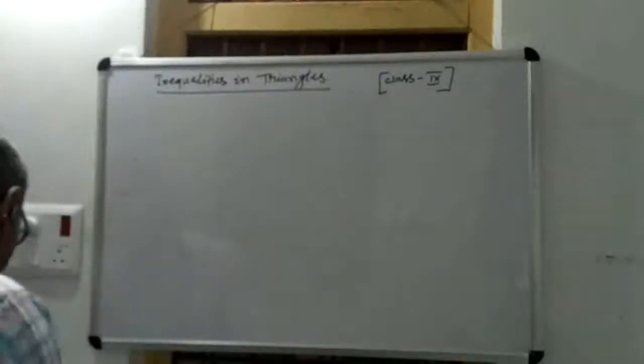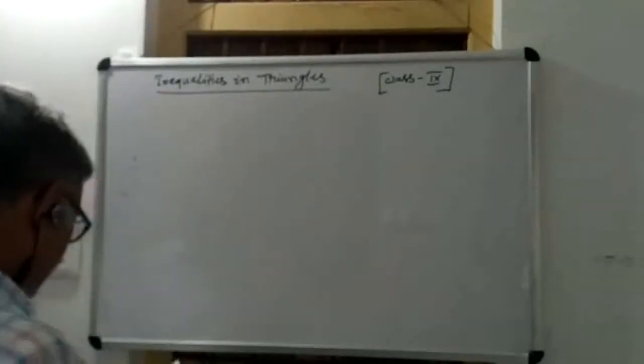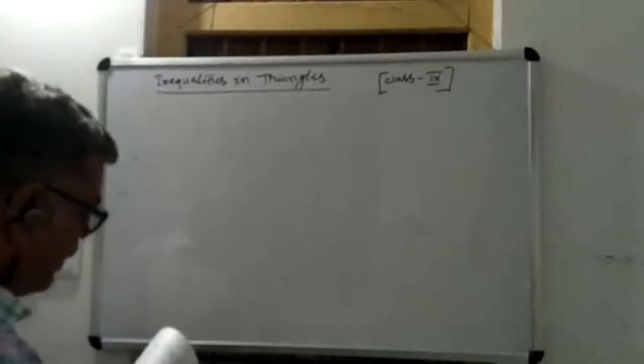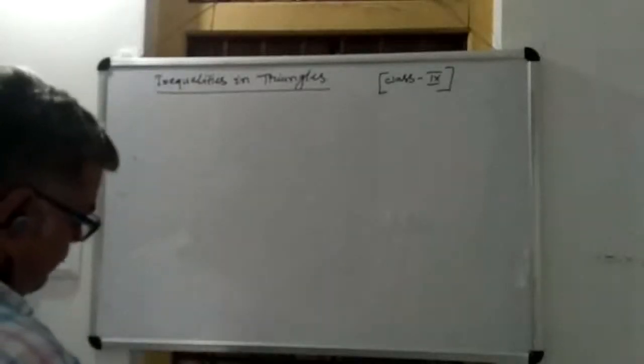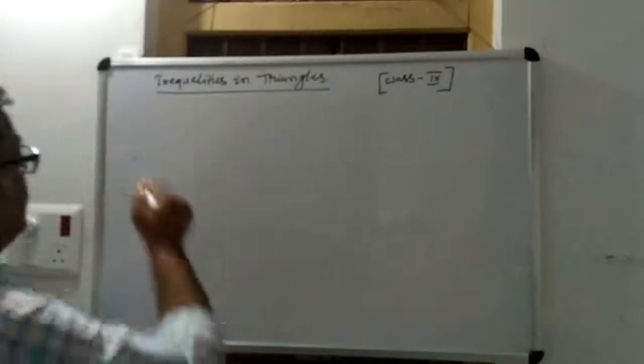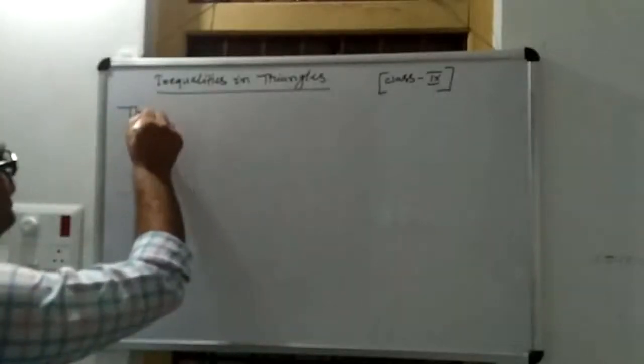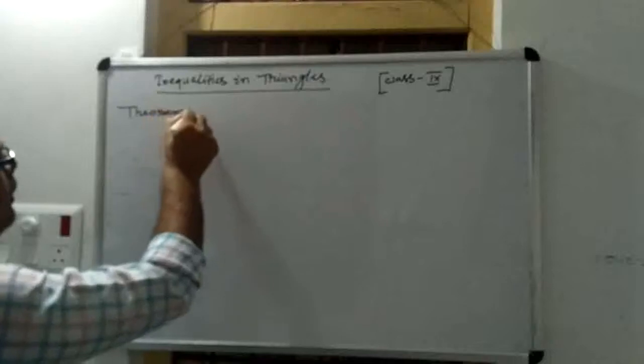So our first result is a theorem. Theorem 1 is what? A theorem, or property you may call.